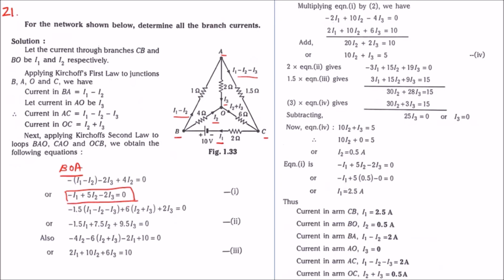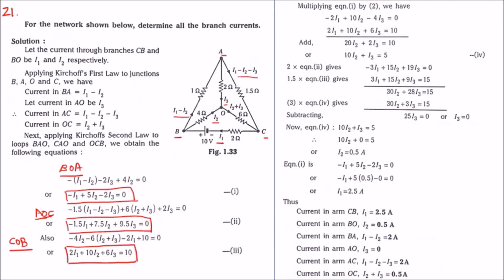And for the loop AOC, if we simplify, this is what we get, the second equation. And for the third loop, that is COB, when we simplify, we will get the third equation.